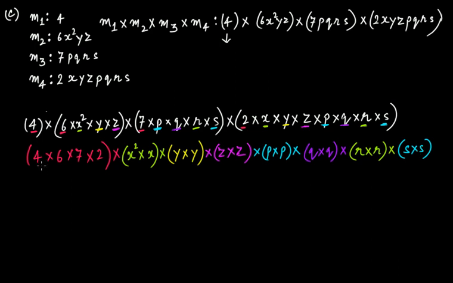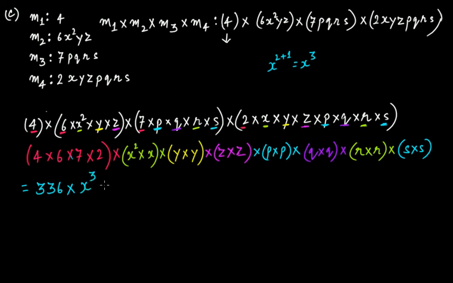Okay, now if you solve this, 6 times 7 is 42, 4 times 2 is 8, so 336 multiplied by x squared multiplied by x, which means x to the power 2 plus 1, that is x cubed, right? So this is x cubed.